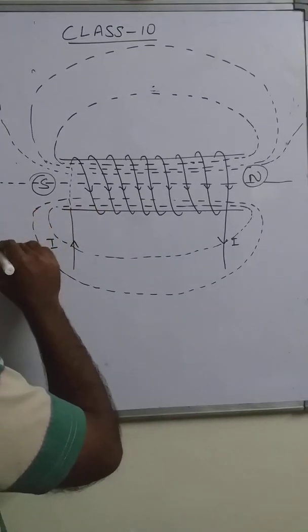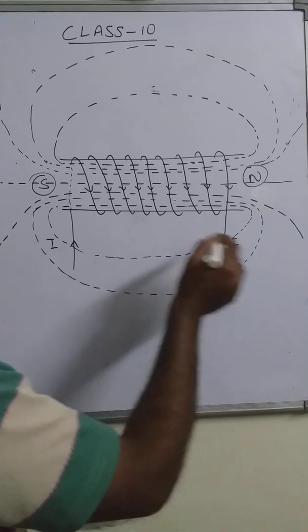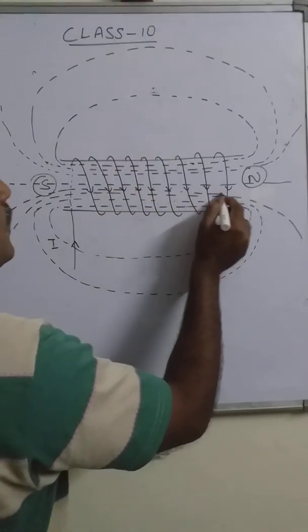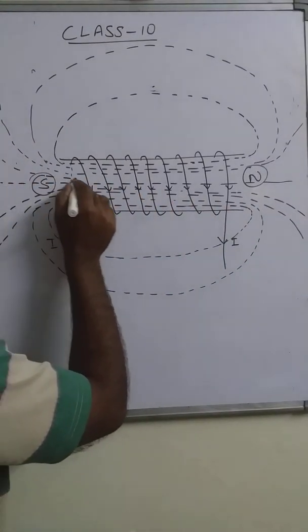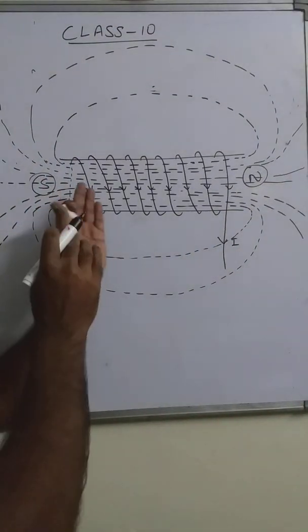And here also one more line. Now I have space to draw another line. Let me draw it. So inside the solenoid, all the lines are parallel to each other, and all the lines are inside the solenoid.